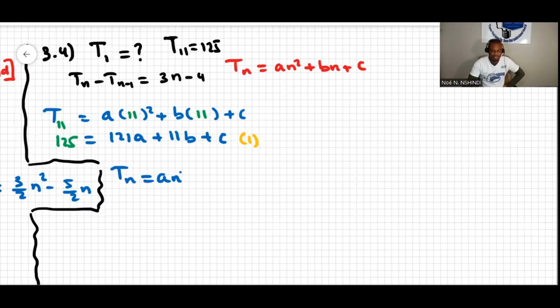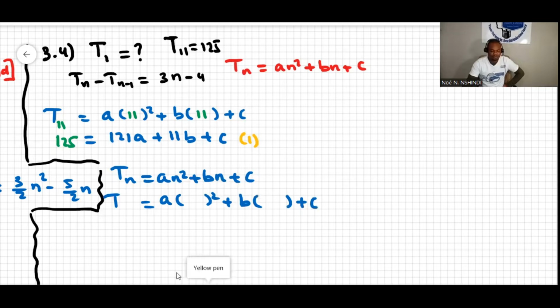an squared plus bn plus c. But for Tn minus 1, I'm going to write the formula first. So Tn minus 1 will be n minus 1 here, and then n minus 1 there.